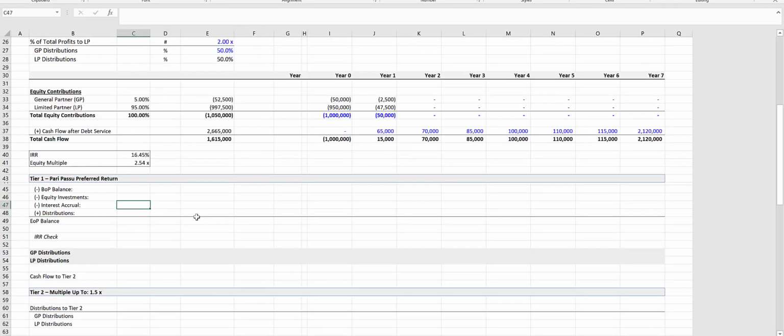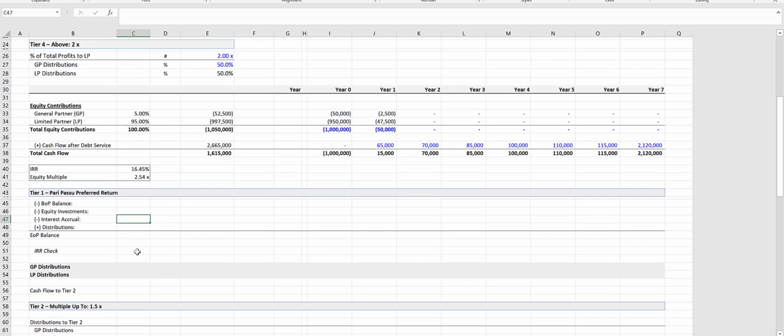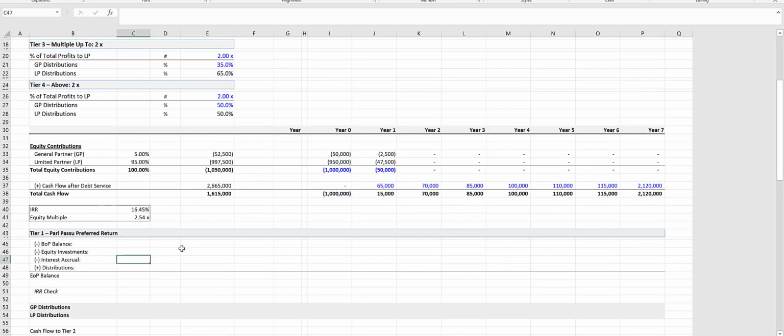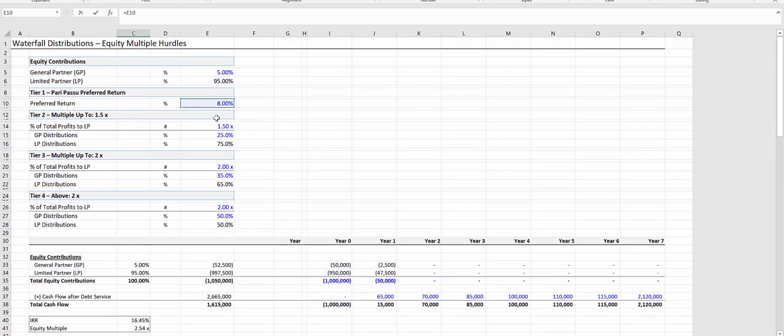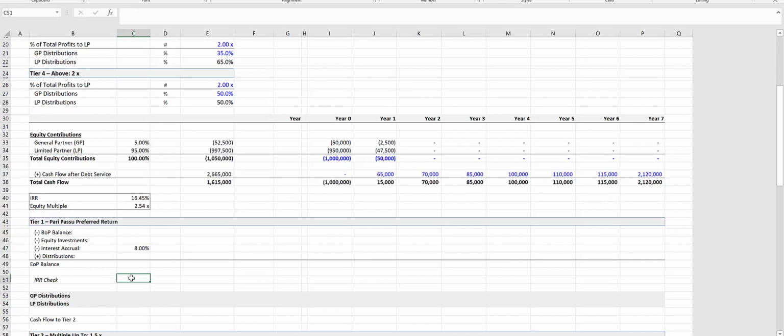Okay, so we discussed this section briefly at the start, and here's what's going to happen. We're going to return all equity to both partners, and then we're going to distribute an 8% preferred return right up here. So that's going to be under the interest accrual section. Let's bring that down. And so this tier 1 should be equal to an 8% IRR to the partners.